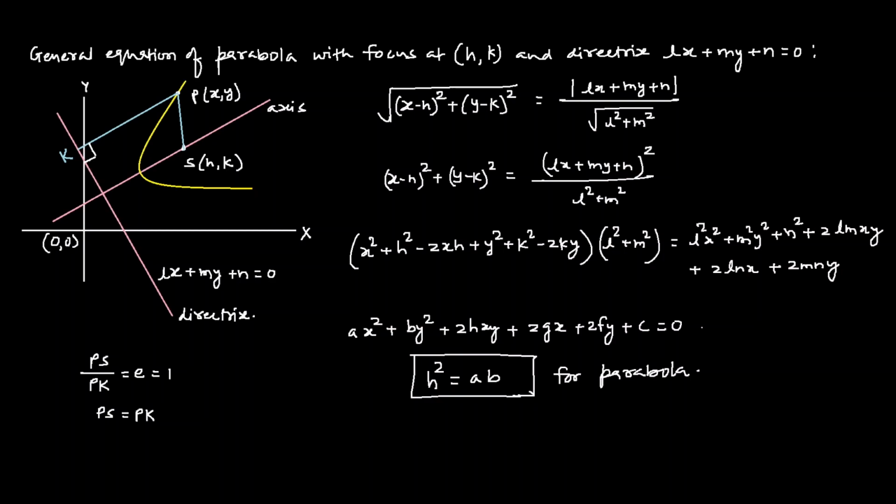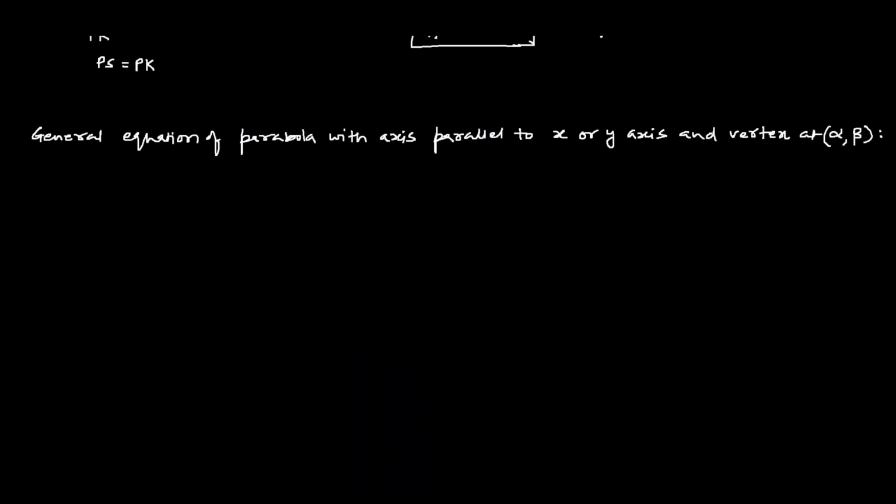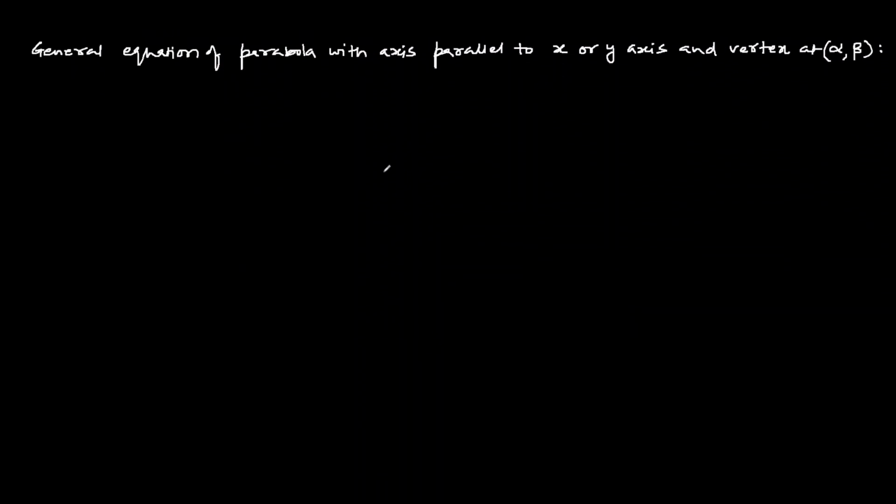Now, in the last lecture, we have seen the general equation of a parabola with axis parallel to the x or y axis and vertex at (alpha, beta). Here, the axis of the parabola is either parallel to the x-axis or y-axis, and the vertex is not at the origin but at (alpha, beta).